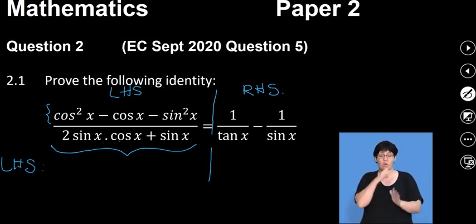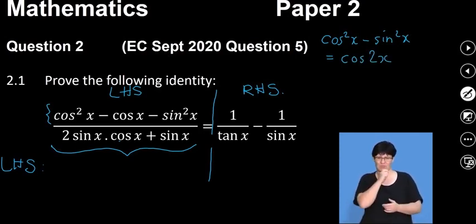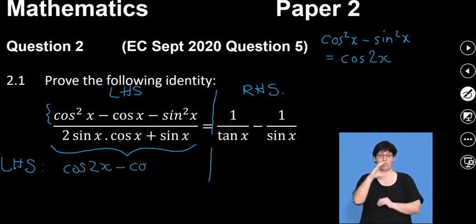But hopefully you know from your double angle formulas that cos squared x minus sine squared x is equal to cos of 2x. All right, that's not going to be very useful though, because if I change that into cos of 2x, the numerator is going to become cos of 2x minus cos of x.